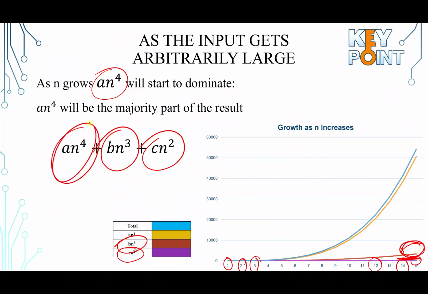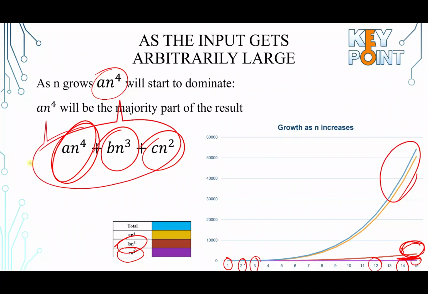But this term, a times n to the power 4, is here, which is almost always going to be near the total. So this is making a huge difference in our equation.